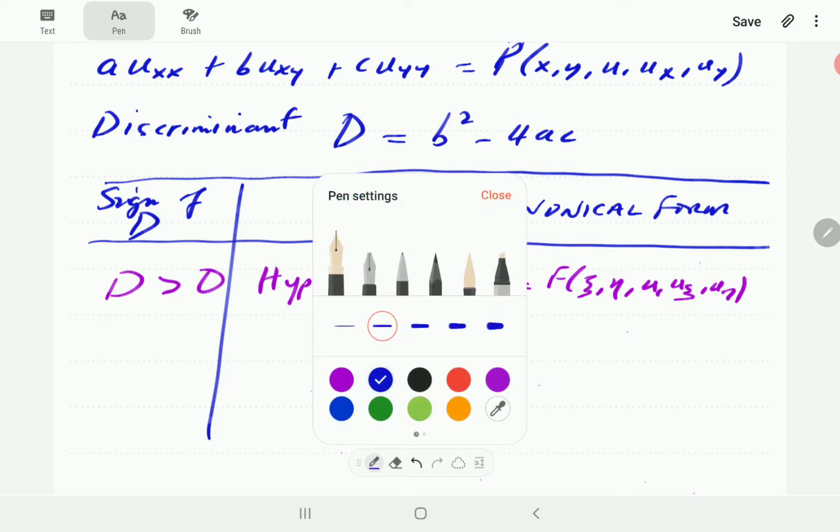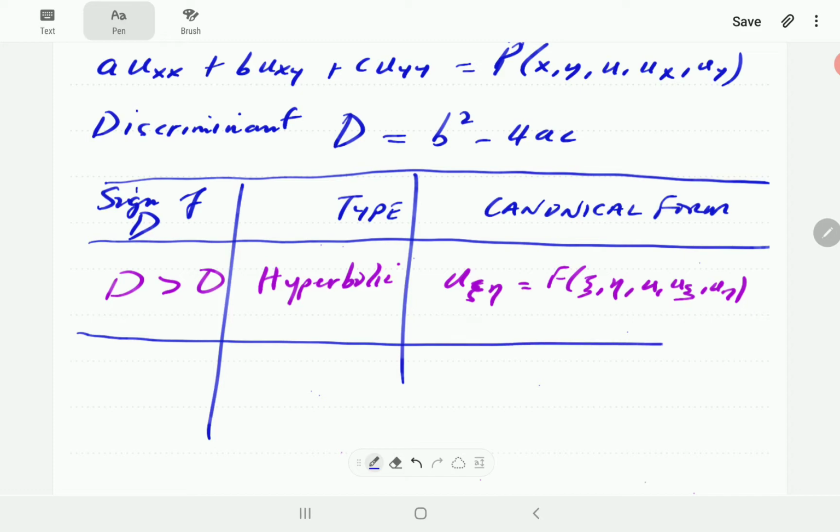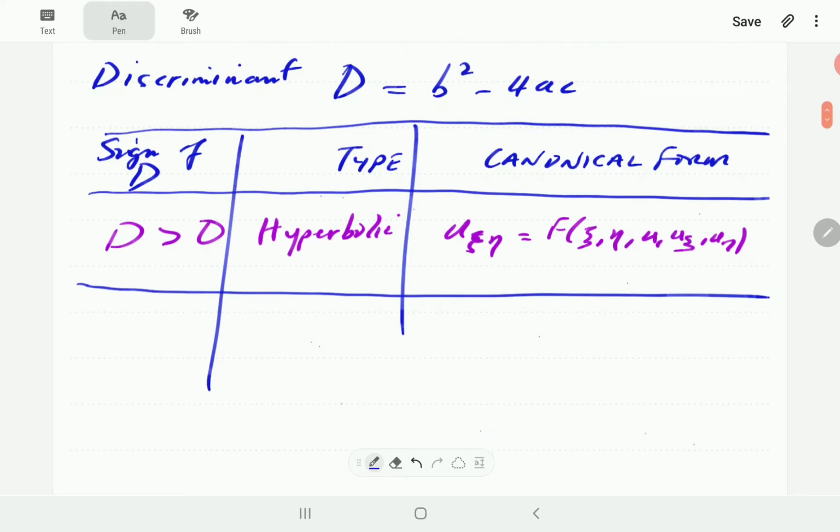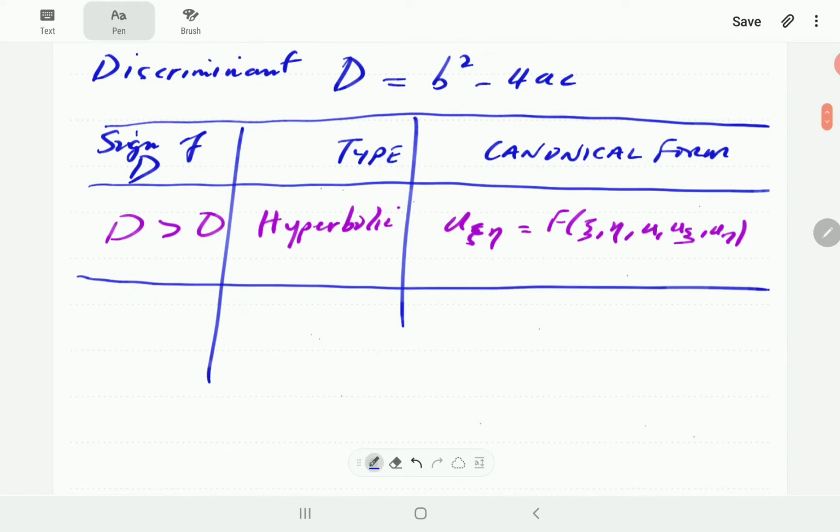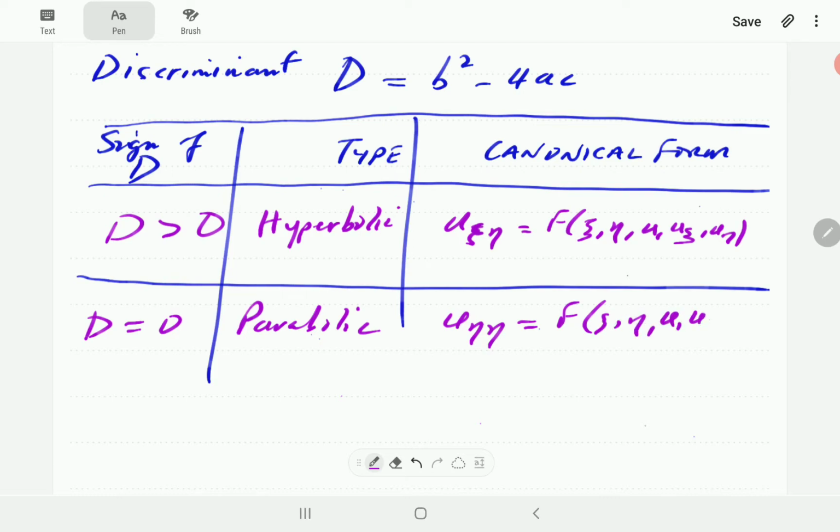We said xi and eta are the canonical coordinates. And then if D is equal to 0, the equation is called parabolic. The canonical form is u_eta eta is equal to f of xi, eta, u, u_xi, u_eta.